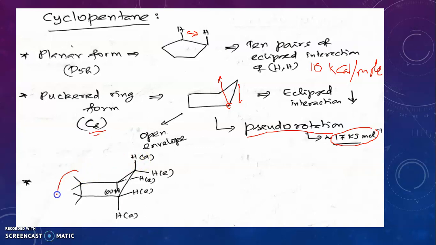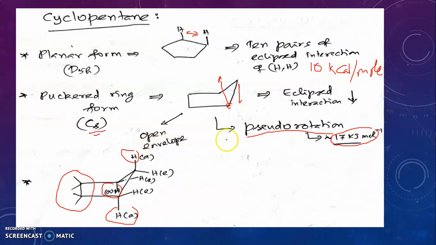The hydrogens present on these 2 carbons are neither axial nor equatorial, so you need not worry about these hydrogens. Able to follow? We have 3 axial hydrogens: this is one axial, this is another axial, and this one is another axial. So there are 3 axial hydrogens and 3 equatorial hydrogens in the cyclopentane molecule.